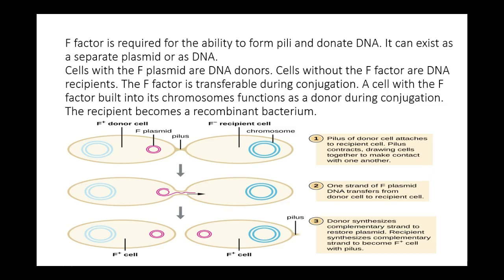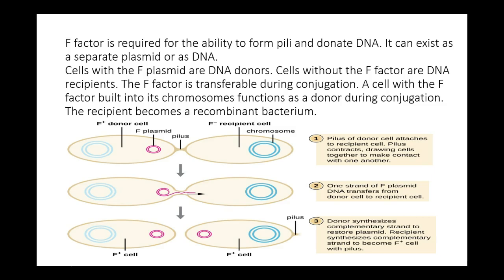We tend to call the donor cell an F plus cell because the factor is present, and a recipient cell an F negative cell because the factor is not present. The DNA is transferred during conjugation, and if it's transferred during conjugation, that then makes the recipient cell a donor cell.